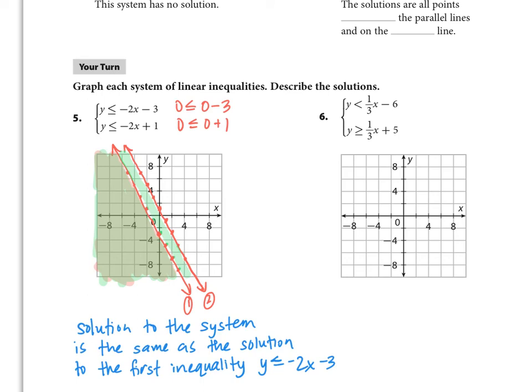So if it's true for that inequality, it's true for the whole system. Again, you can tell just by the shading part. You'll see the solution for number 6 if you'd like to pause it in just a few seconds.